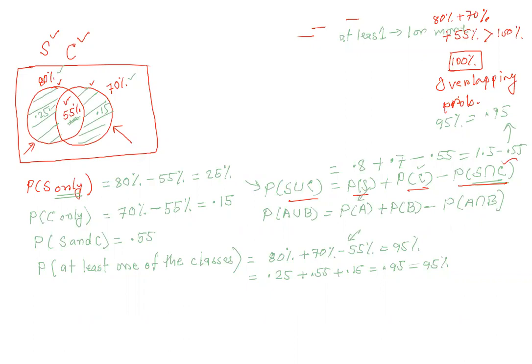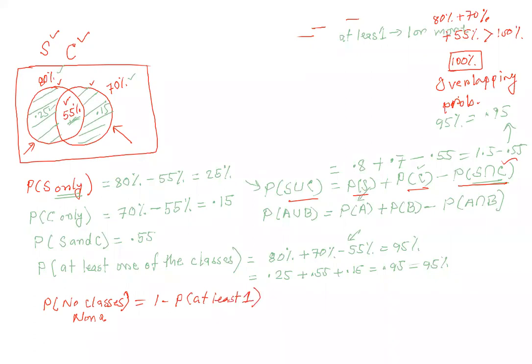All right, the last question, probability of at least one of the classes. Find the probability that a student passes no classes, or probability of none. Remember, probability of none is 1 minus the probability of at least 1. I just talked about it.